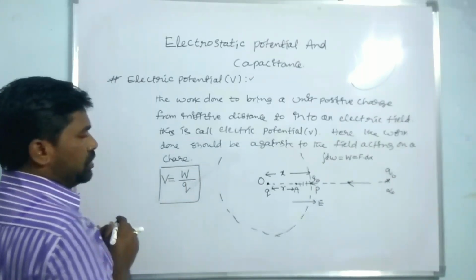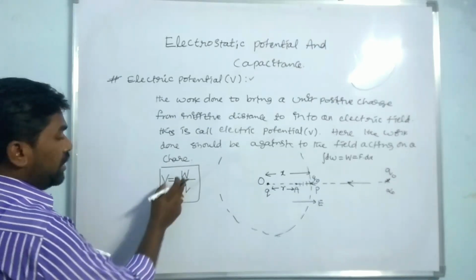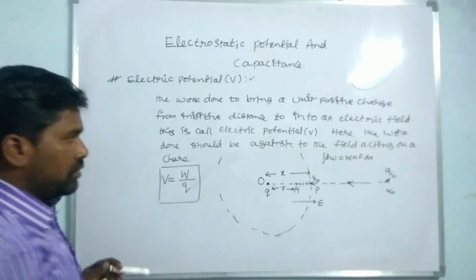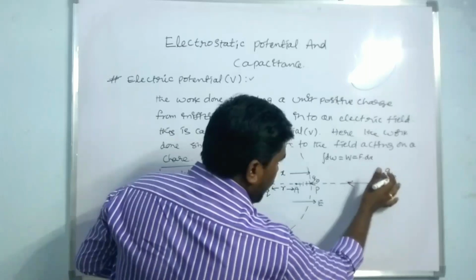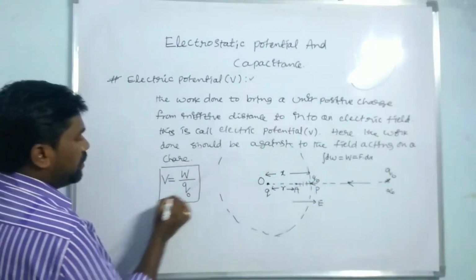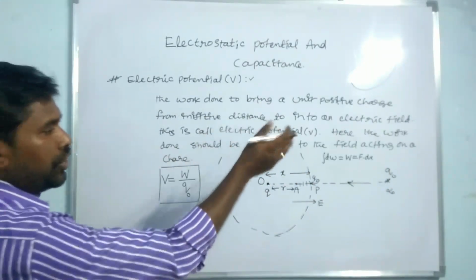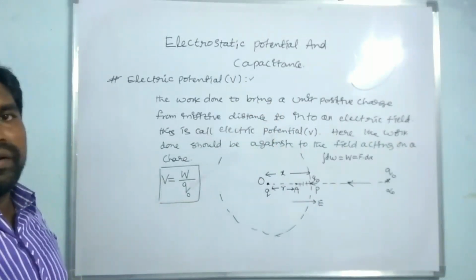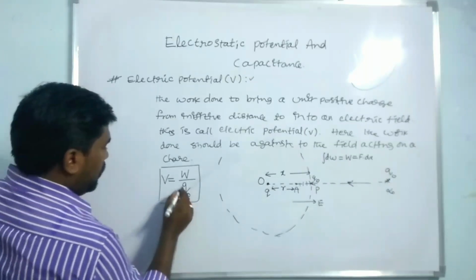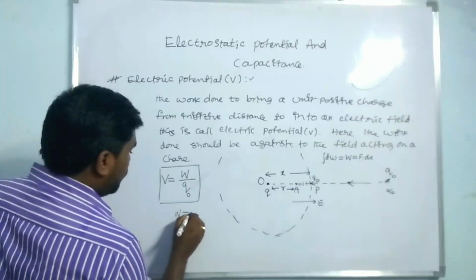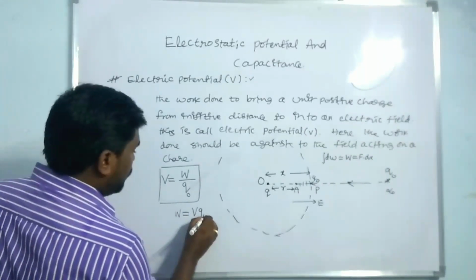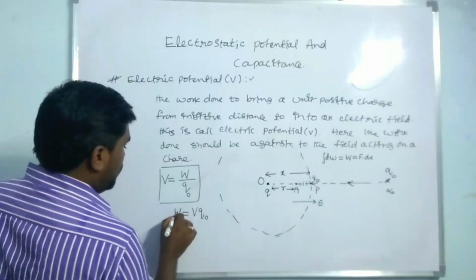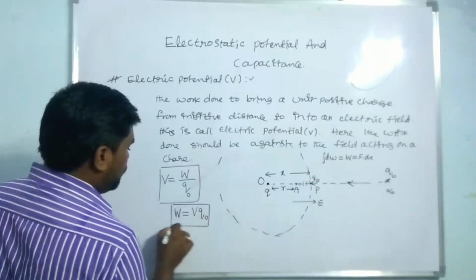Here we bring in the charge Q naught. If there is a Q, it is Q; if there is a Q1, it is Q1. The work done is then V into Q naught.